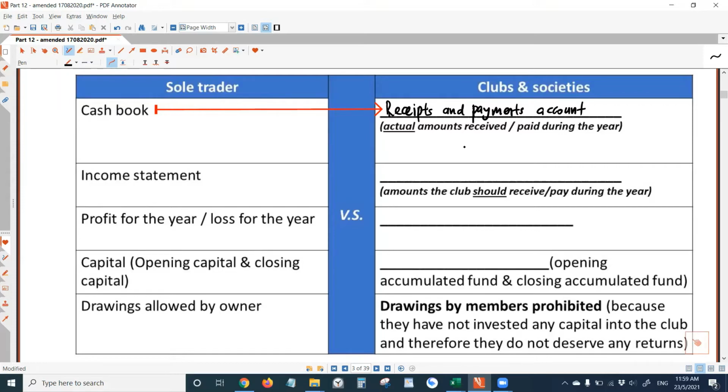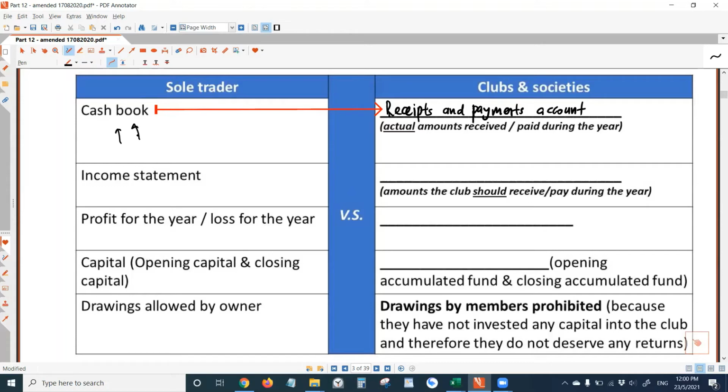So when you are looking at a receipts and payments account in the exam question, don't get surprised or not know what to do with it. You must know that it's the same as cash book. Cash book is used to do what? When you receive money, you record it into the cash book. When you make payment of money, you also record it into the cash book.